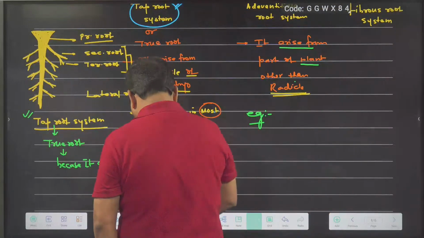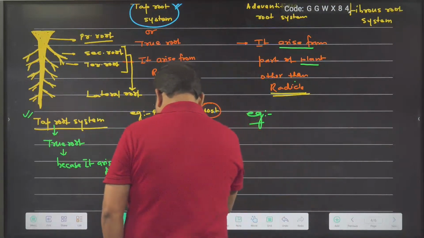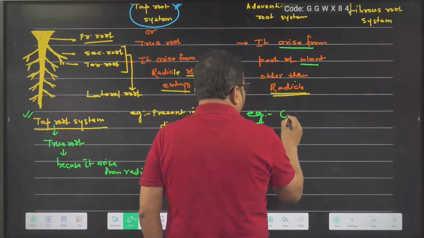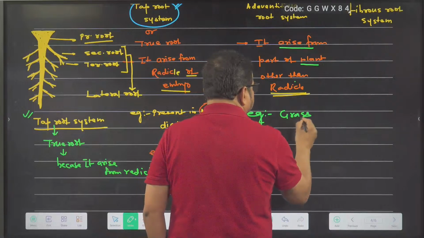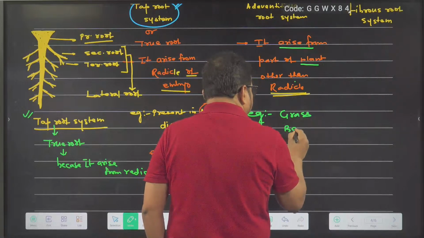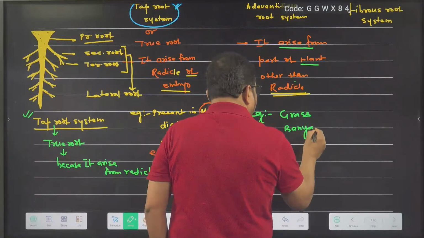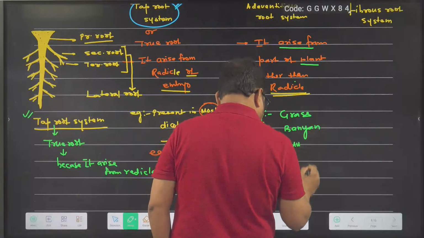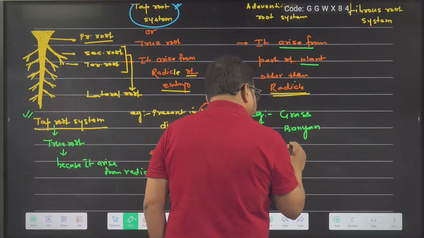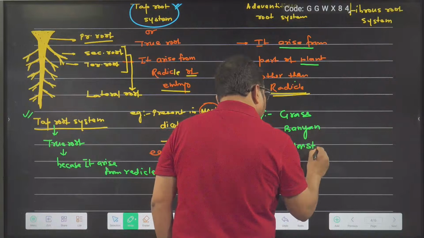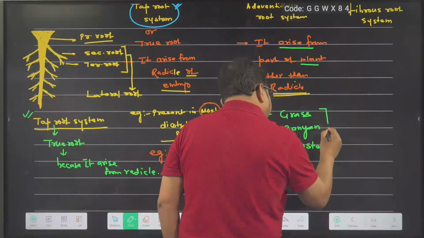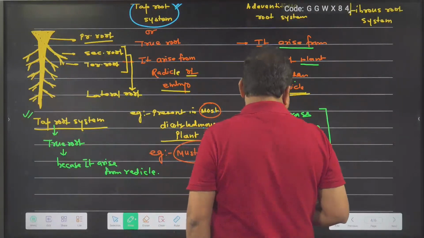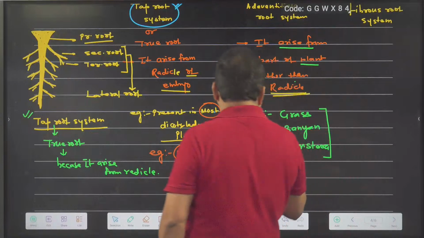Tell me. Grass, banyan, and monstera. These three are given as examples of adventitious root in NCERT.